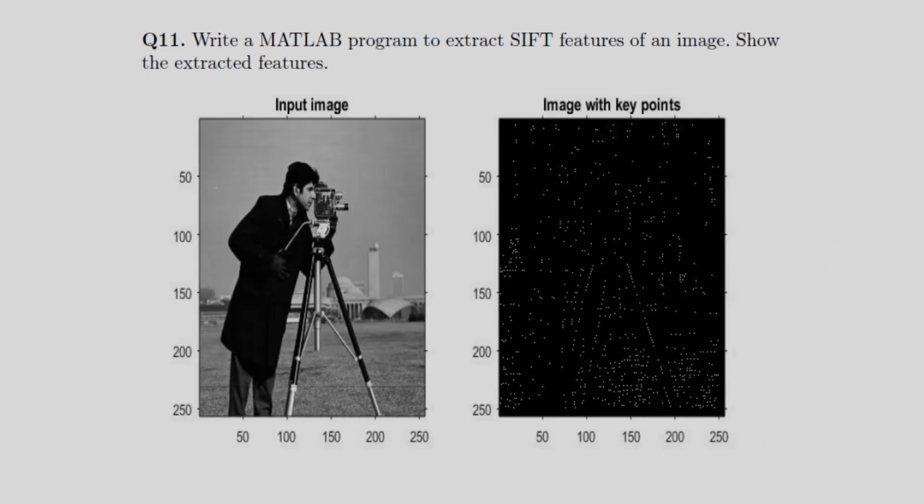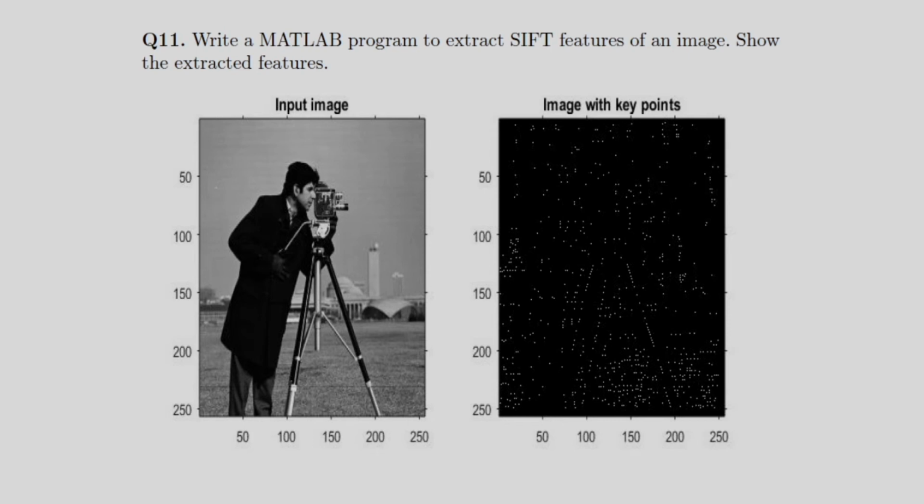The next problem is: write a MATLAB program to extract SIFT features of an image. Show the extracted features. So first I have to consider the scale space representation. After this I have to consider the difference of Gaussian, and from the difference of Gaussian I can roughly locate the key points, because I have to find the extrema, the maxima or the minima of the difference of Gaussian.